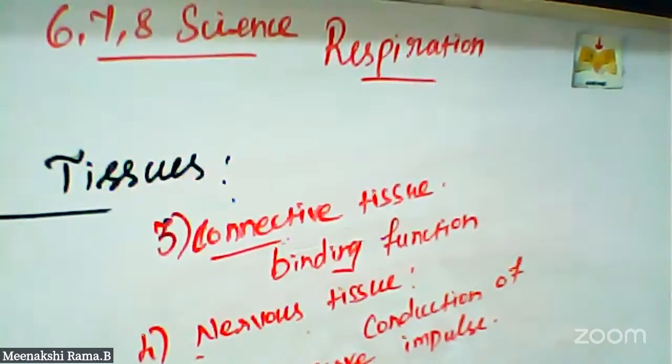Okay, so what topics did we learn? First one is the respiration part, and another one is the tissues part. Is there any doubt? Please ask me, raise your hand, type your question, or just put an emoji.